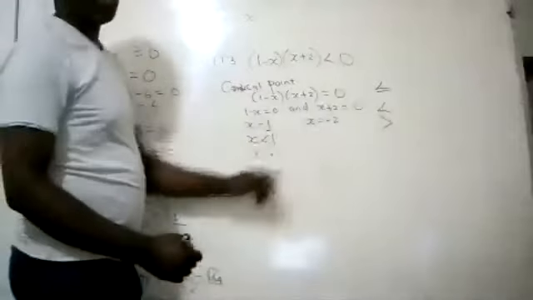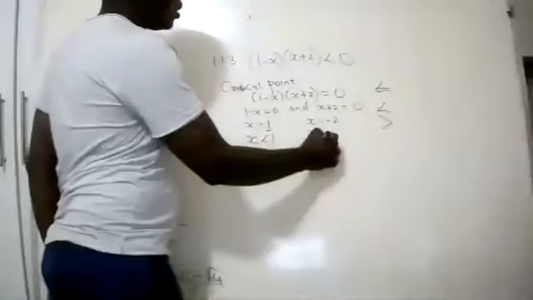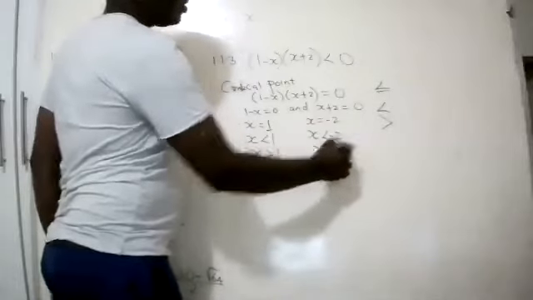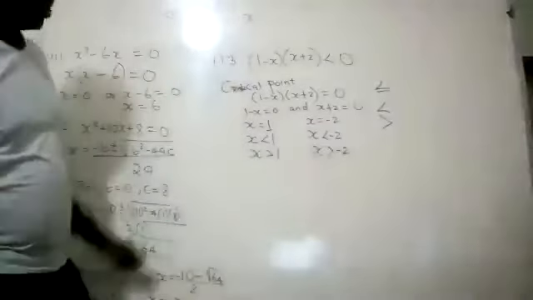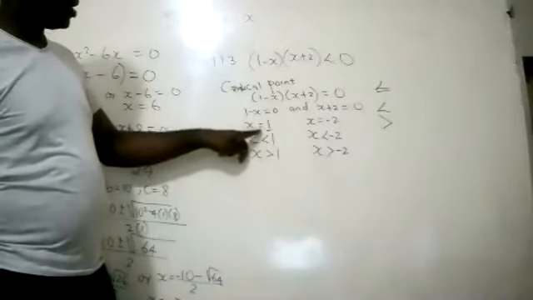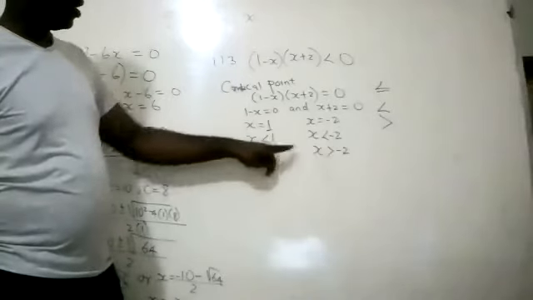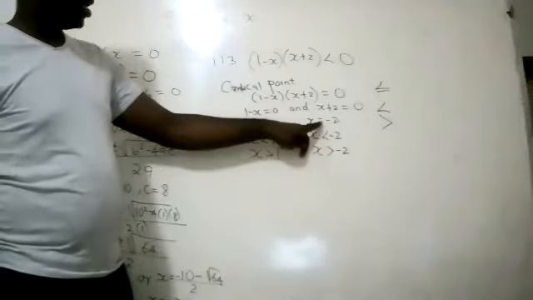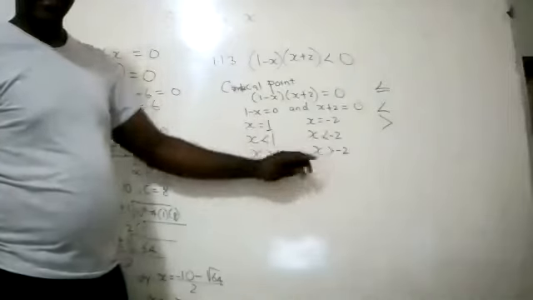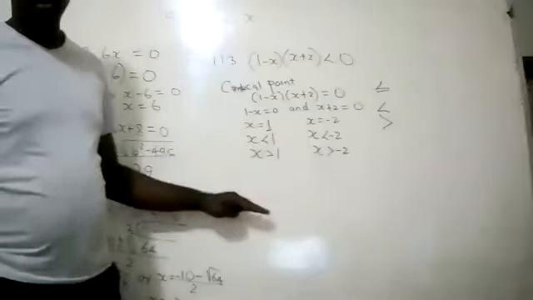And we do the same on the other critical point: x less than -2 and x greater than -2. So we tested the two inequalities. We replace the equal sign by the less than sign, and we replace the equal sign by the greater than sign, and we do the same on this side. Is this clear before we go to the table?